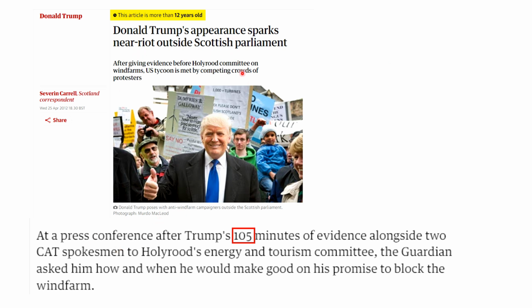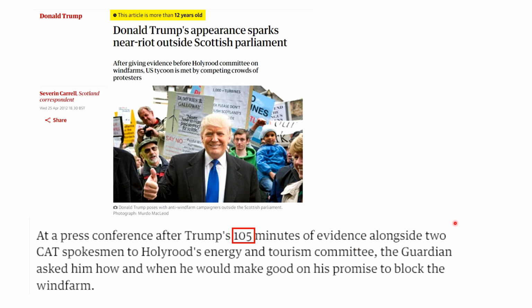This is just looking at some 105s over a period of time involving Donald Trump. So this one here was the 25th of April 2012. Doesn't look much different, does he? At a press conference after Trump's 105 minutes of evidence, alongside 2 CAT spokesmen to Holyrood's Energy and Tourism Committee.